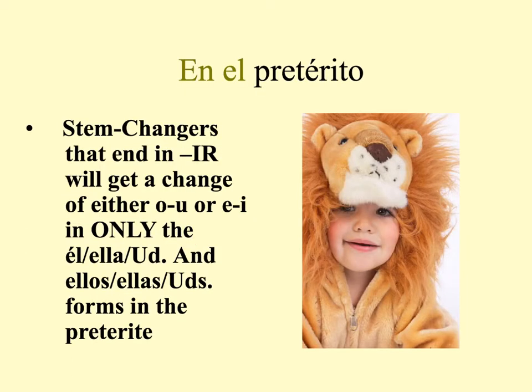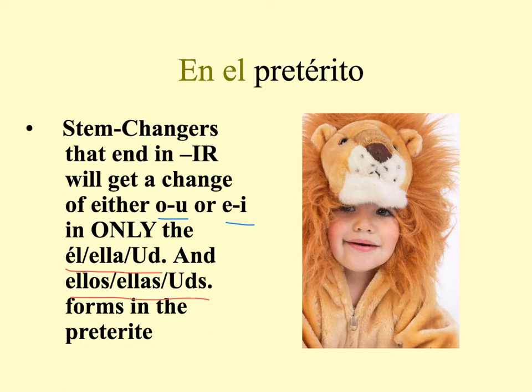Next, if it's a stem changing verb that ends in IR, okay, so ARs and ERs, nothing. But if it ends in IR, it will get a stem change. However, it's only going to happen in the él/ella/usted and ellos/ellas/ustedes forms, and your two possible stem changes in the preterite are O to U or E to I. That's it.